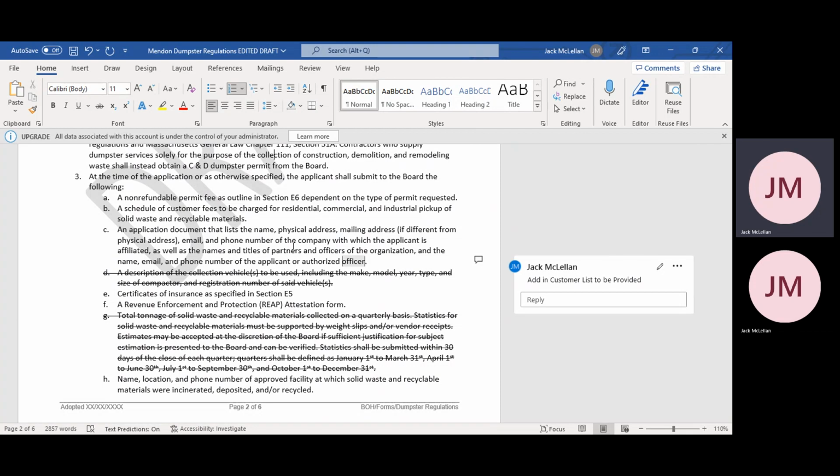But I think hopefully we have it. It's just a matter of what the permit application is going to look like. And I liked the one that Upton used. I wasn't trying to make money at this. Because let's face it, if the trash hauling company has to pay for a permit, they're going to pass it on to the home.